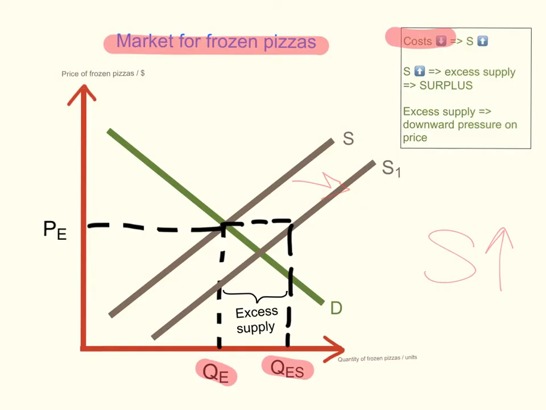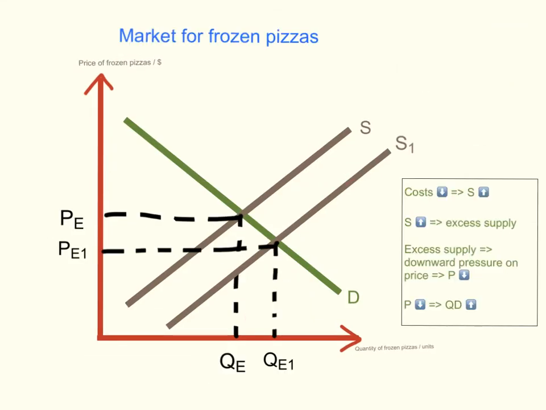Now there's a situation of excess supply. There's a surplus of frozen pizzas in the market, and this exerts a downward pressure on the price. This downward pressure on the price will cause the price to gradually fall. When the price gradually falls, this sends producers a signal that there is a surplus in the market, and it also gives them an incentive to produce less.